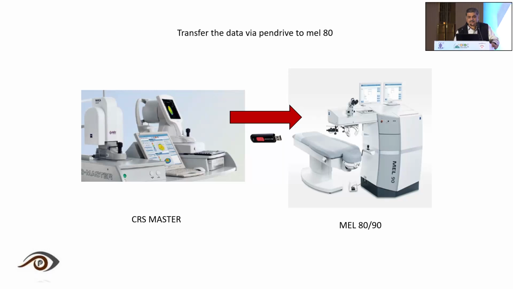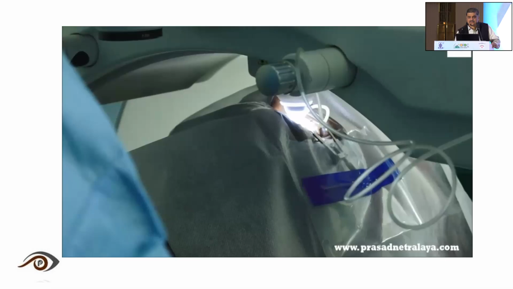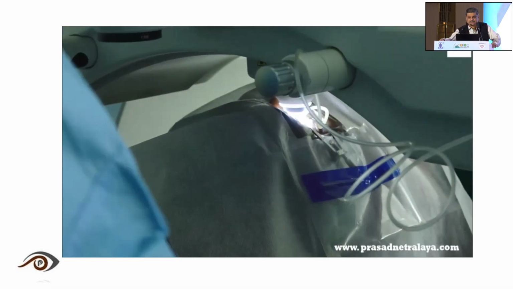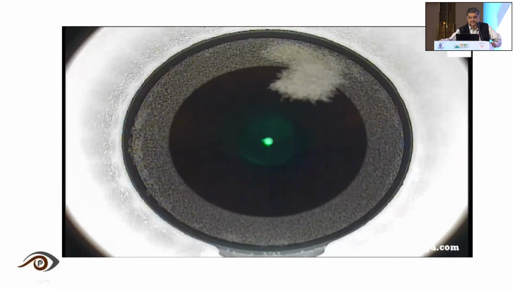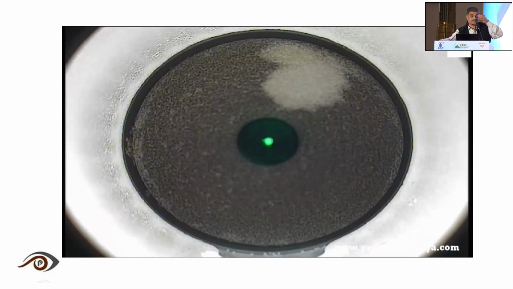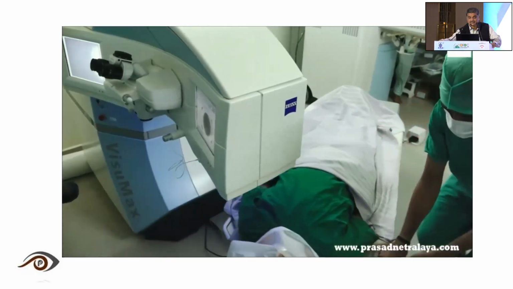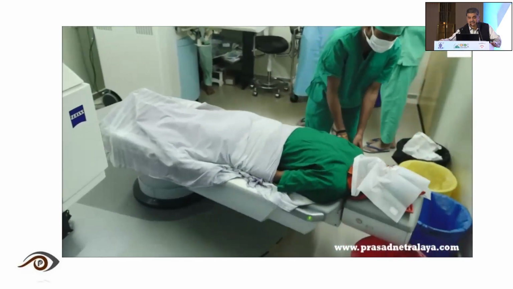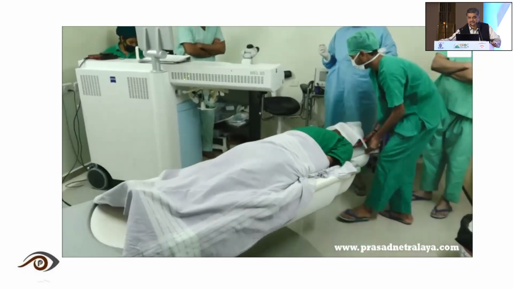Once the data from the CRS Master is ready, it has to be transferred to the excimer system. Then the procedure is very simple. This is a femto-LASIK procedure. First, under the VisuMax, take the flap, then the patient has to be shifted under the MEL 80 table, where this presbyopic treatment will be done.